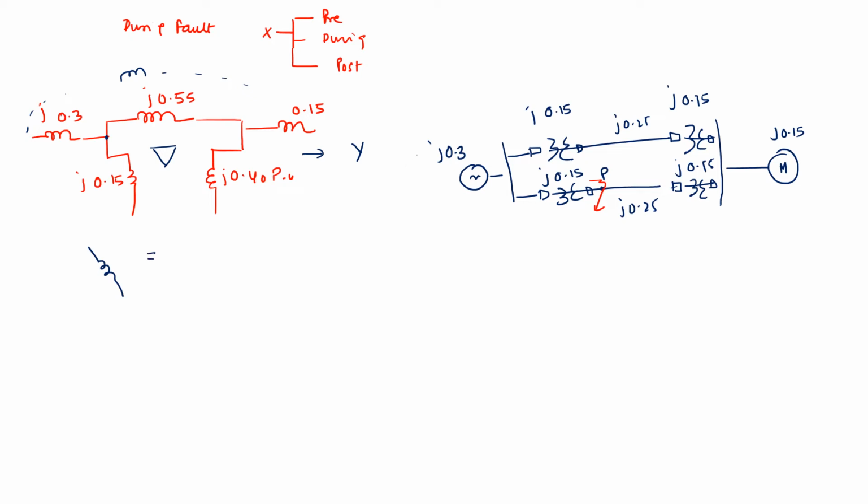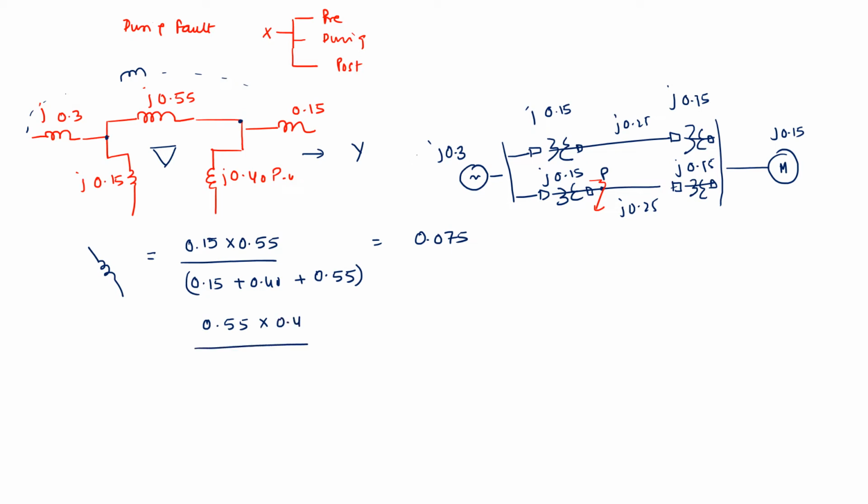So, this particular element can be written as J 0.15 into 0.55 divided by the summation of this, 0.15 plus 0.40 plus 0.55. When I calculate it, it will be coming out to be 0.075 per unit.